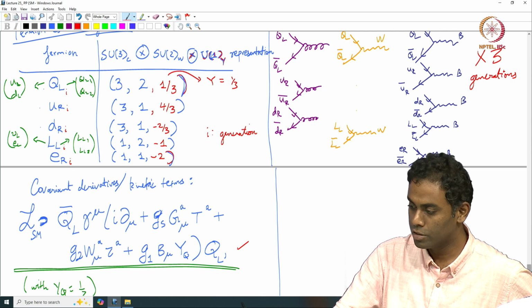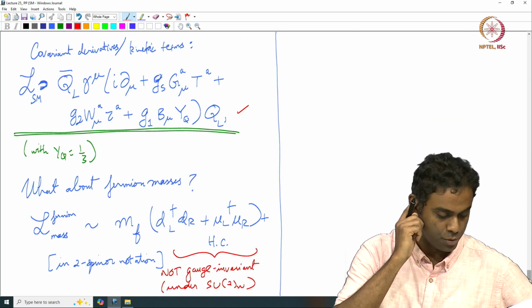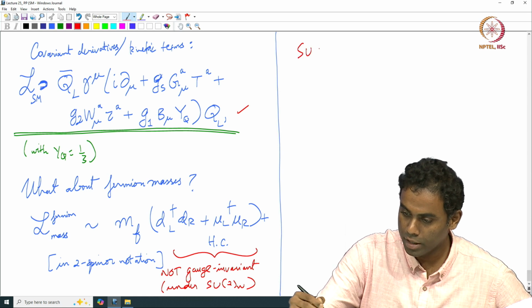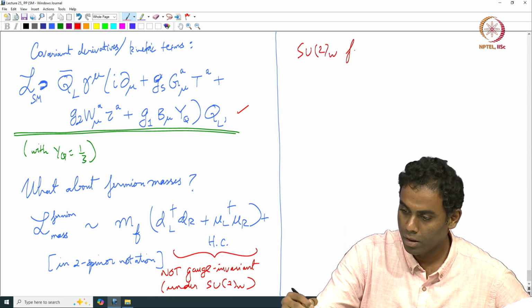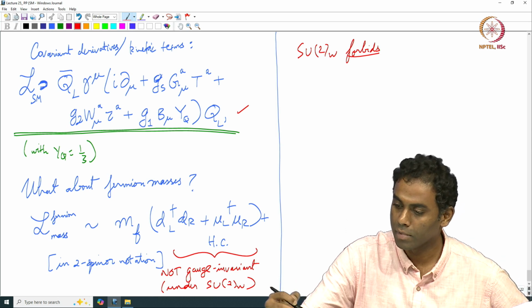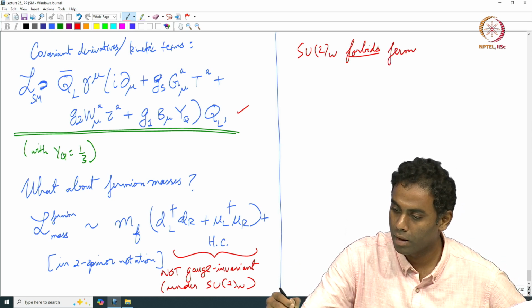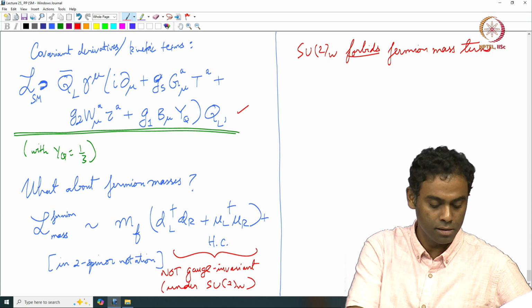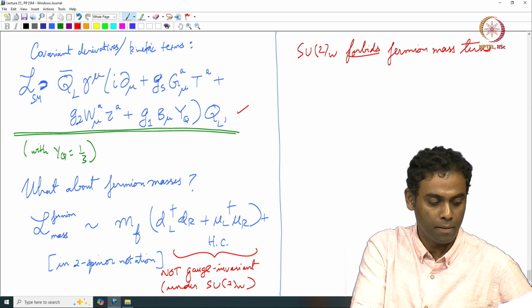right? So put differently, the gauge invariance of SU2W forbids fermion masses or fermion mass terms. Okay, so necessarily we are living in a massless theory.